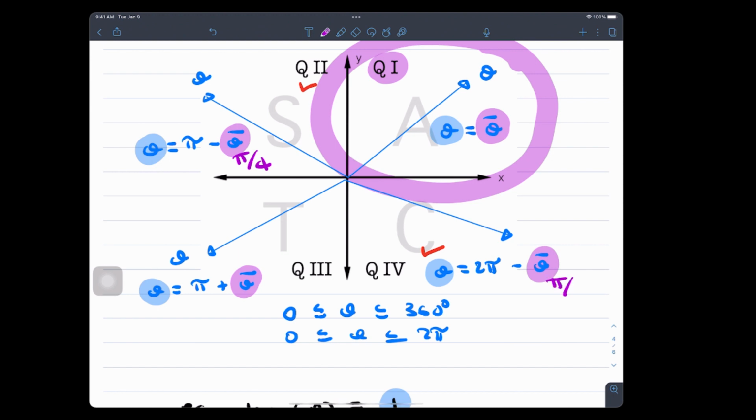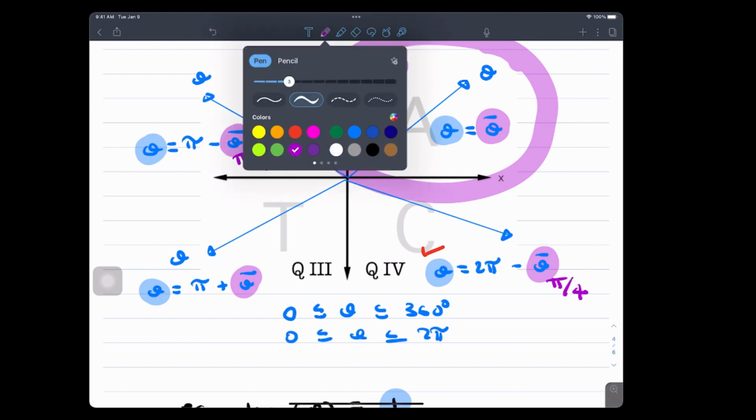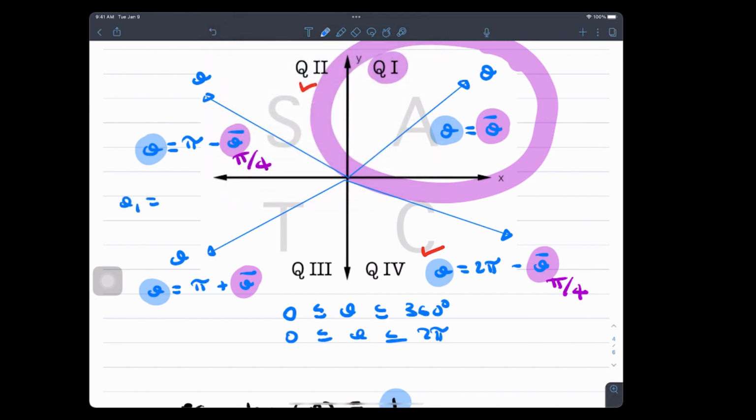Put pi over 4 over here. So what that means is my first solution will be pi minus pi over 4. Do you guys see that right there? The second solution will be 2 pi minus pi over 4, because tangent is negative in quadrant 2 and 4.